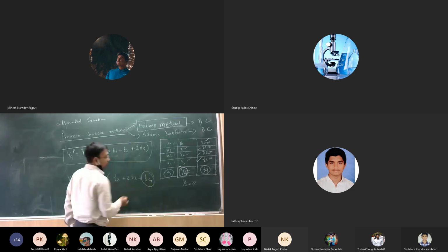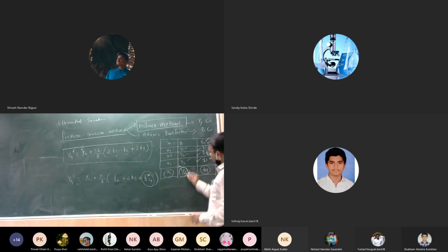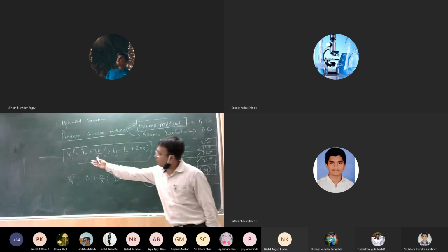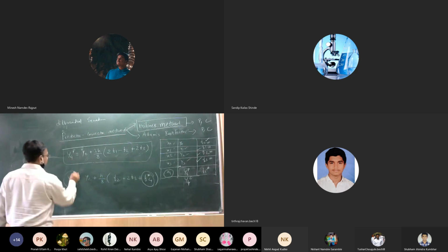Now here f4 comes. I will call it f4 star, because using this y4 predictor we can calculate it. y4 is not known to us because we are going to calculate the y4 value, but the y4 predictor is known. Now using the y4 predictor we can calculate f4 star. Now using this particular formula we can calculate the y4 corrector. So this is the y4 corrector.